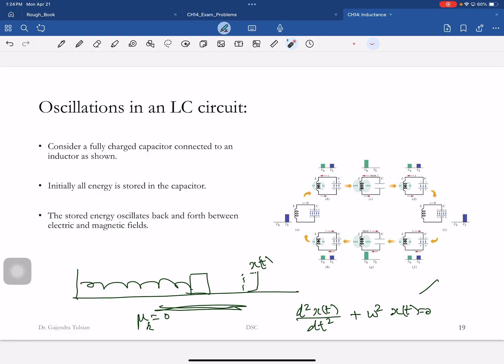An LC circuit will oscillate, and the oscillation frequency is given by 1 over square root of LC. This is at the heart of all wireless devices. That tuning circuit is what's used in all wireless devices. So any wireless communication is done through that.